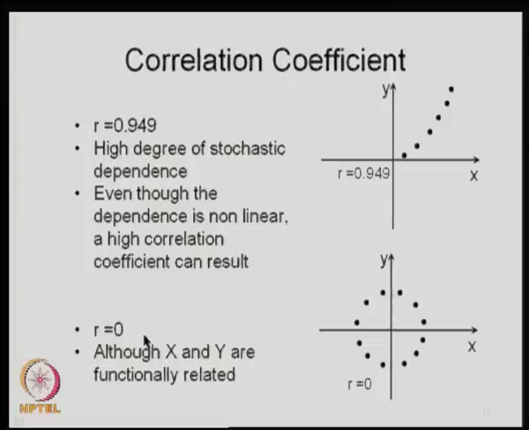So, r will be equal to 0, although there is a perfect functional relationship between x and y. The point you must remember is that the correlation coefficient captures the degree of linear dependence between x and y.